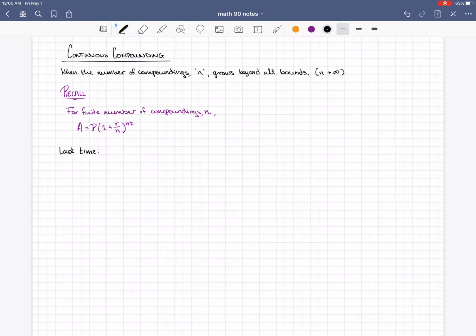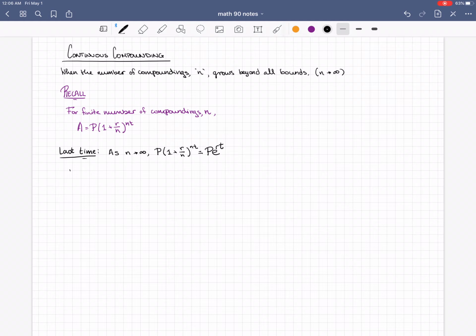The other thing that we did in our lesson from last time, so we didn't actually write this, but we said it. We noticed that as n grows beyond all bound, or as n tends to infinity, P times 1 plus r over n to the power nt doesn't grow beyond all bound. It actually grows to P e to the power rt.